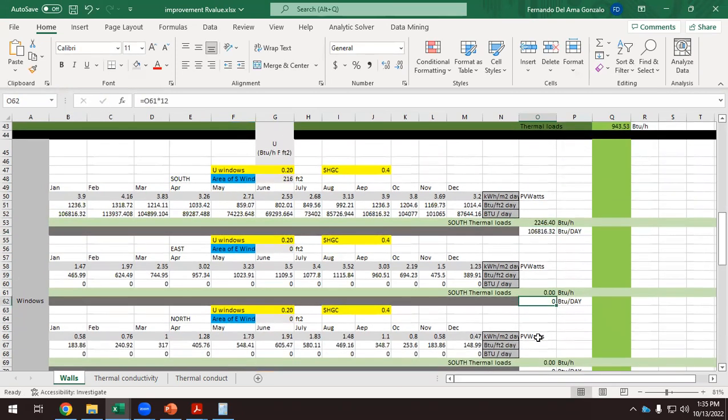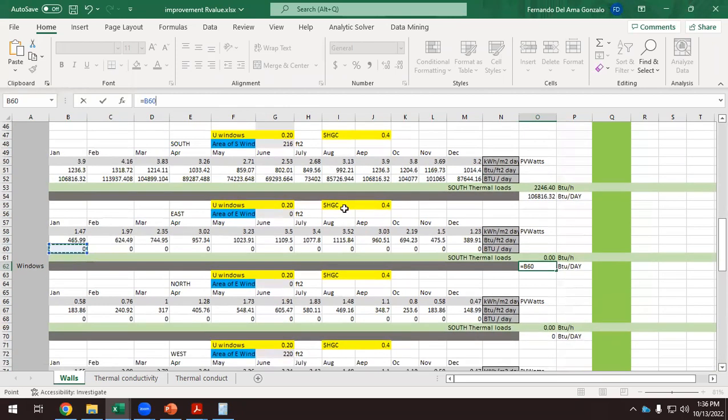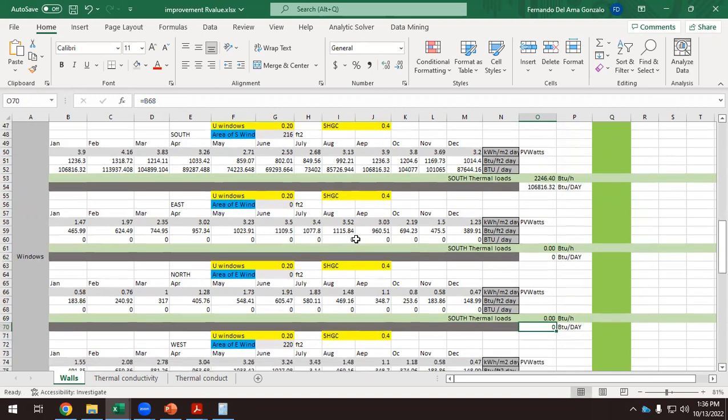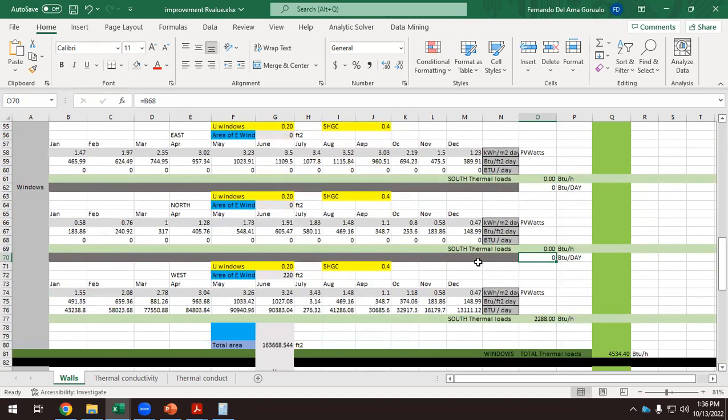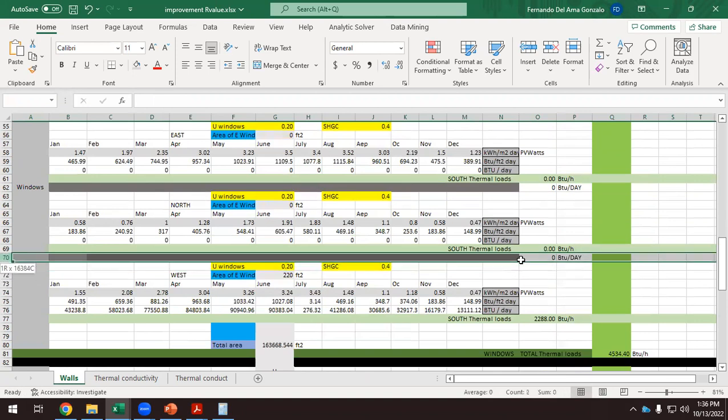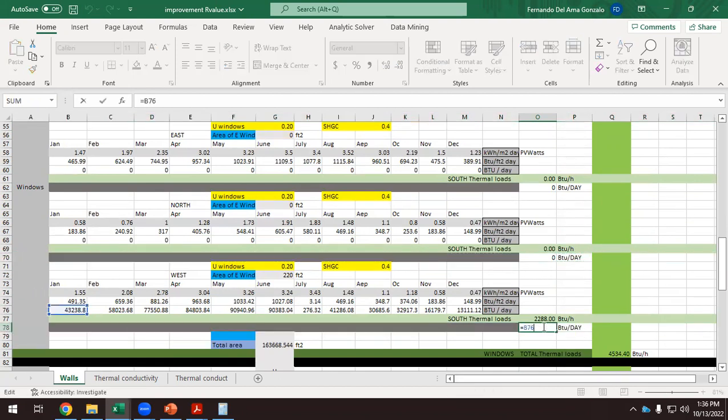And then what's the daily heat gain in January? We have the last cell on January. We have 0 on the north because we don't have any windows there. Then on the east, it's the same cell in January, and we don't have any windows in the east. Okay, this is the right one, it's the 6 cell.